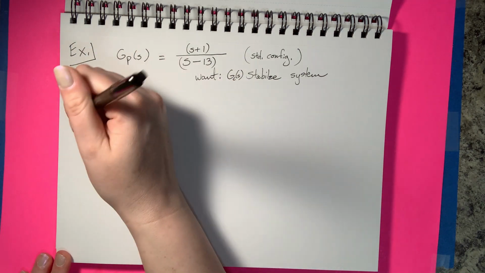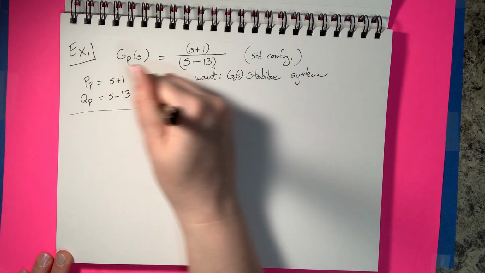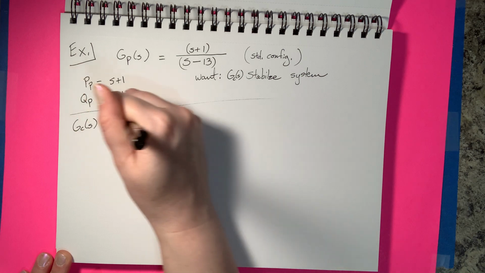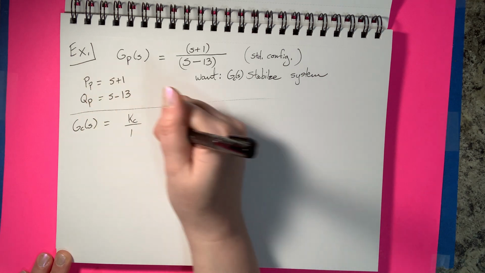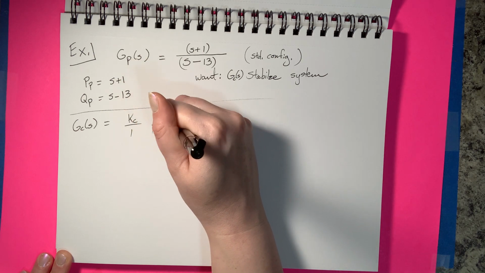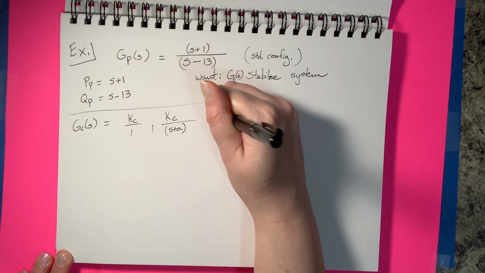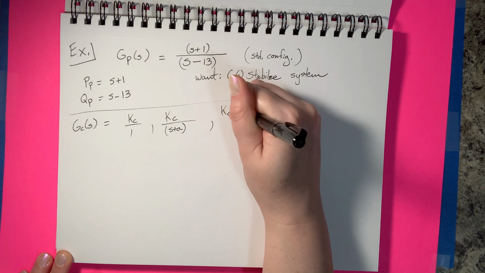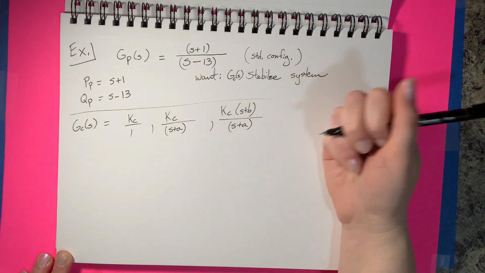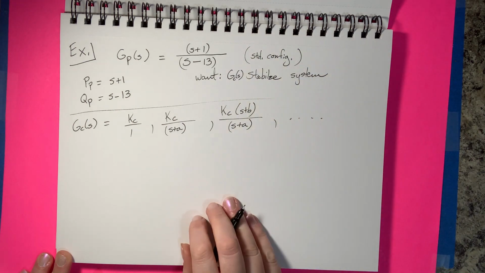All right, so if we were to do our trial designs down here, GC of S equals, again, the same one that we used last time, and then we'll have KC, S plus A over, KC S plus B, S plus A, and if we wanted to keep going, we could.